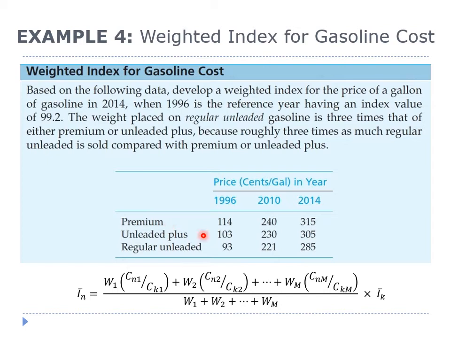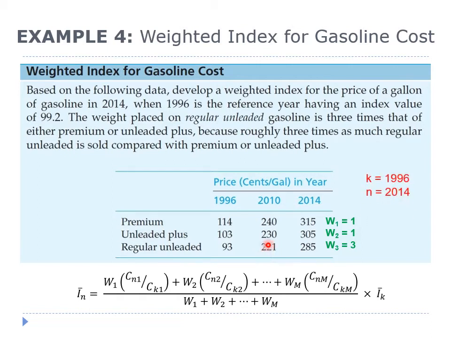This table shows the 3 different types of gasoline and their price in 1996, 2010, and 2014. We can use this formula to calculate the composite index. Here are the weights given to the different types of gasoline.